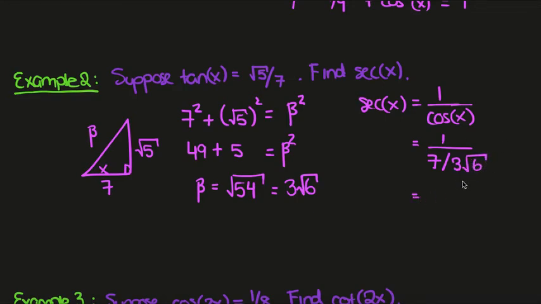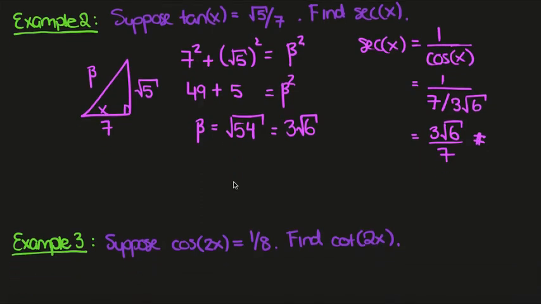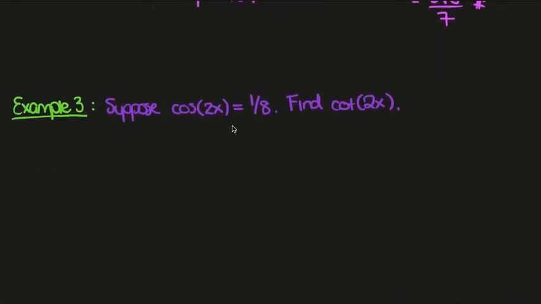When you divide by a fraction, you just flip the fraction. So we have 3√6 over 7. Okay, so I'm also assuming a few things about the angle, but let's just assume all the angles are in the first quadrant.